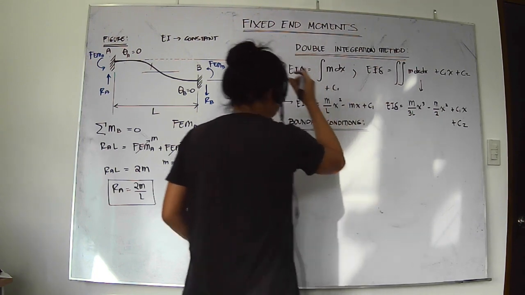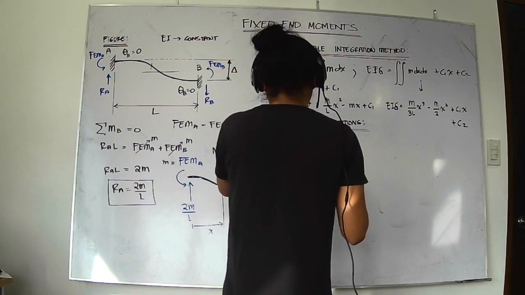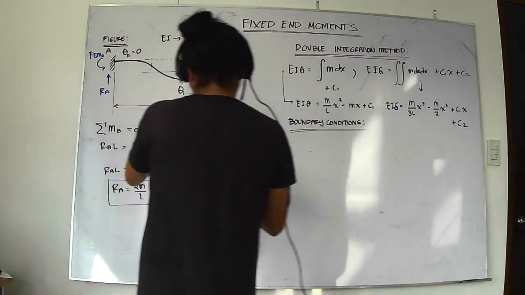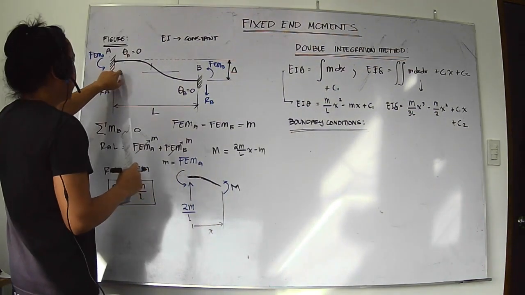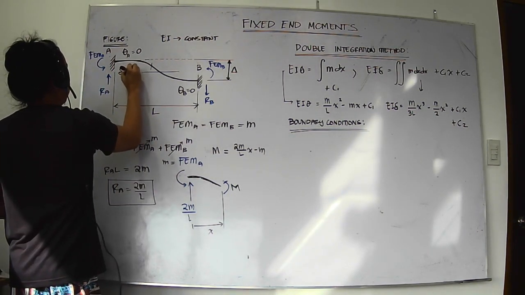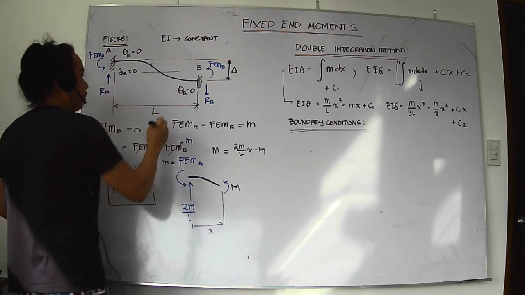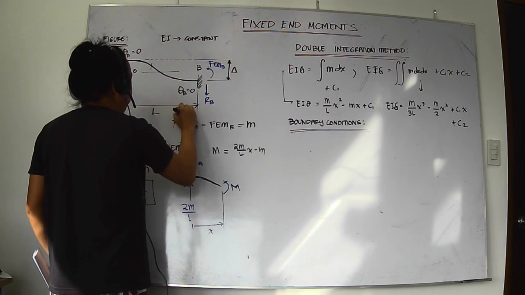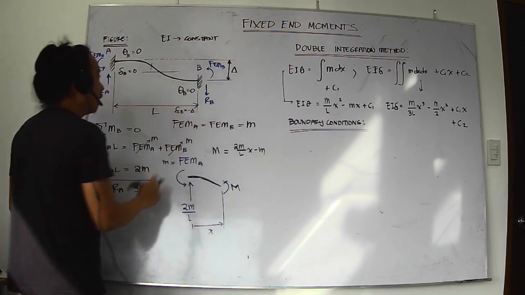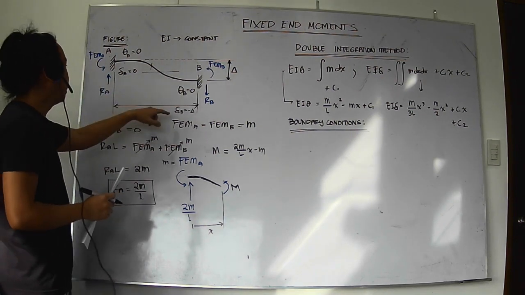Applying boundary conditions here, at A the deflection is equal to 0. Okay? But our deflection at point B is negative delta. Let's try to make A as a reference line.